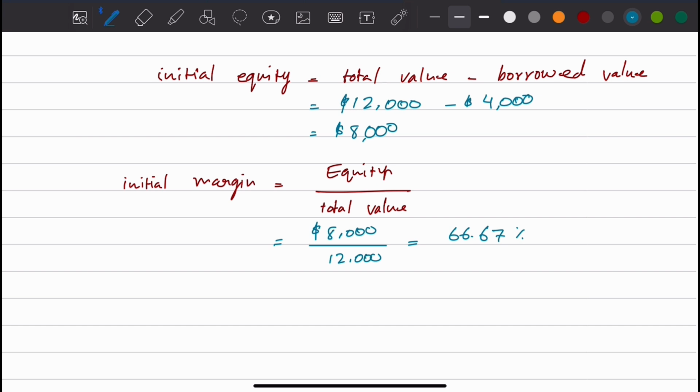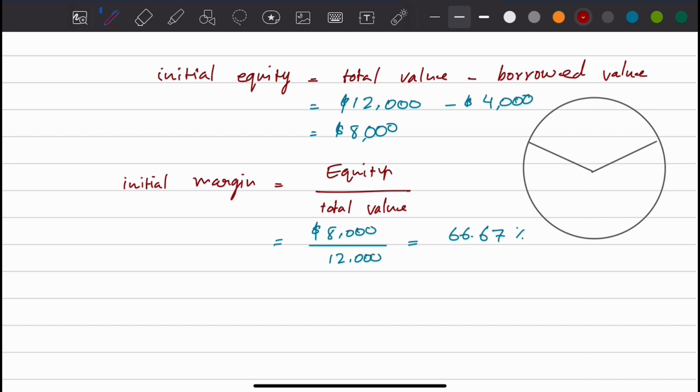So if we want to represent this maybe in a portfolio, perhaps we can draw a circle like this.